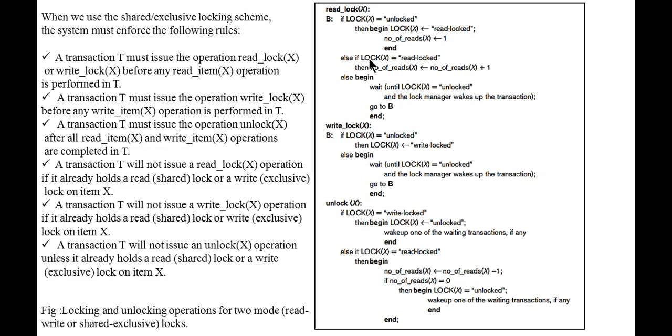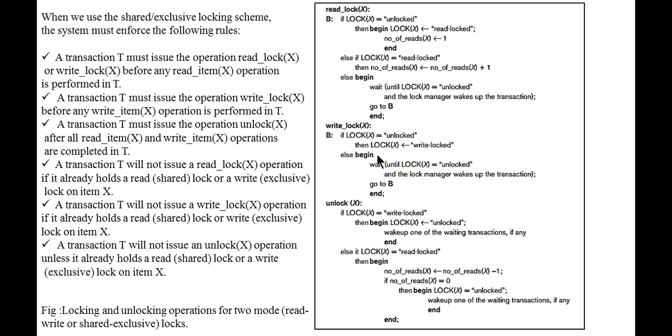So while locking an item in read lock mode, the number of reads is incremented. While unlocking the item X from read mode, the number of reads is decremented. So what does it mean? The same data item can be read by many transactions at the same time in read lock mode.